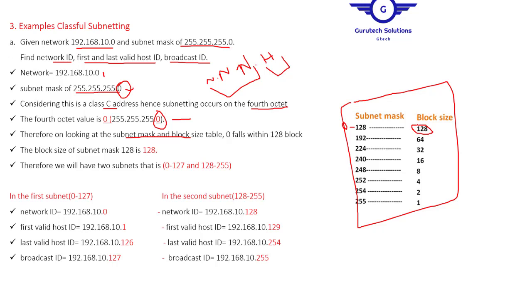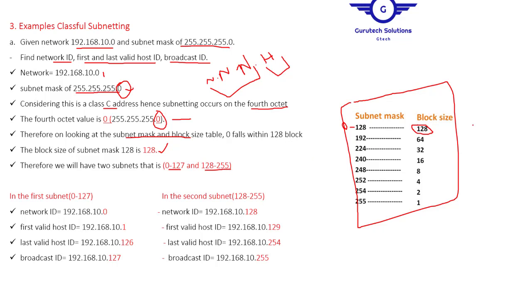The block size is that kind of step that tells us how to move from one subnet to another. So the block size for subnet mask 128 is this one. Therefore, we will have two subnets, from 0 to 127, then from 128 to 255.